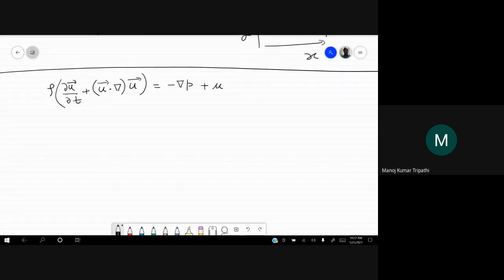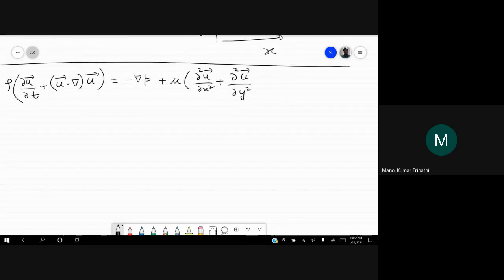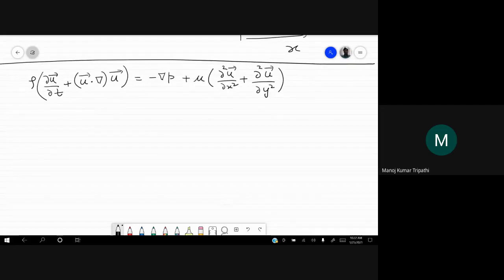If I have a Newtonian fluid, simple fluids like water, air, then I can write directly mu dou 2 u by dou x square plus dou 2 u by dou y square plus dou 2 u by dou z square if there are three dimensions. So let me restrict myself to 2 here. And plus additional forces like gravity, magnetic forces, and so on. I'm neglecting all those for now.